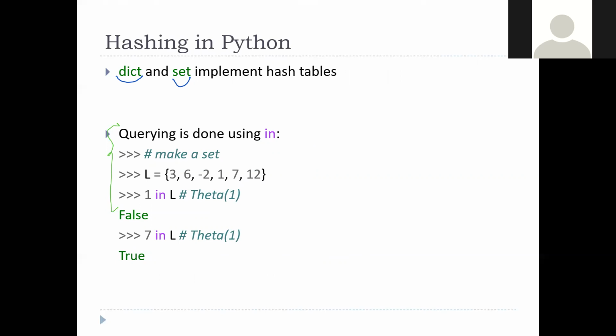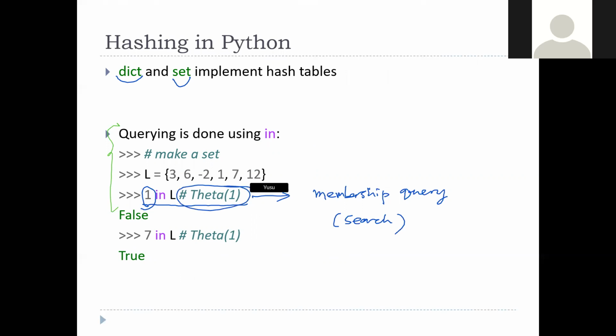In Python, this is the membership query. In other words, this is searching for an element. So you can say 1 in L, which is essentially searching for 1 in L. Now we know that all of this expected running time is only constant.